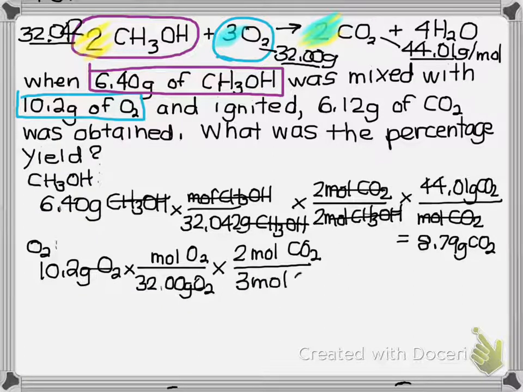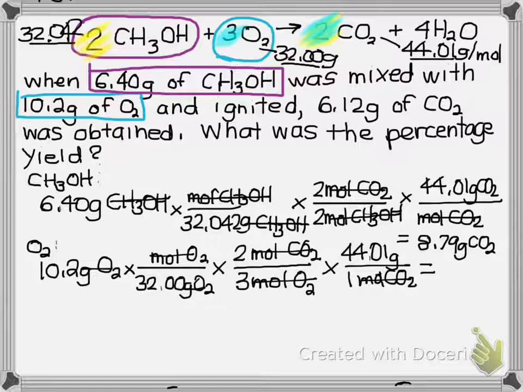So I get the mole ratio off the balanced equation and I cancel. And then I'll multiply by the molar mass of CO2, and cancel, and I'll calculate then how many grams the 10.2 grams of oxygen will make.